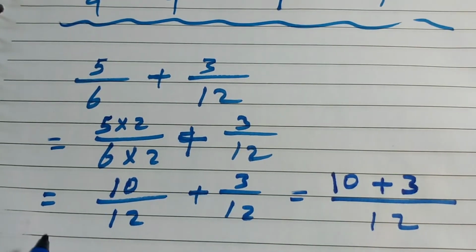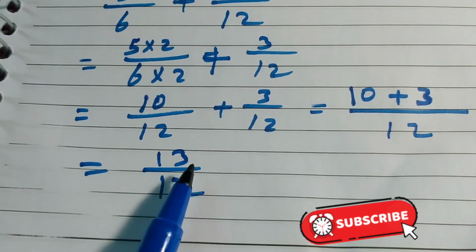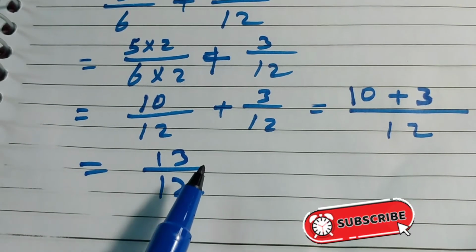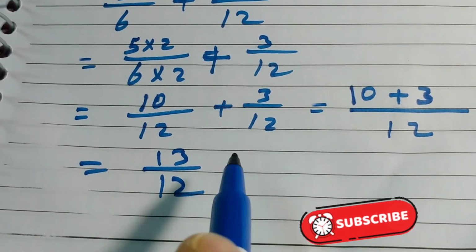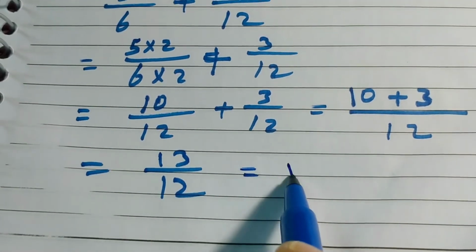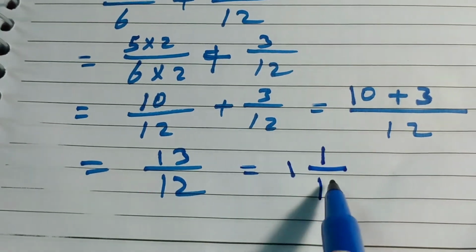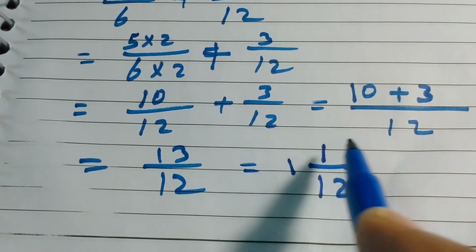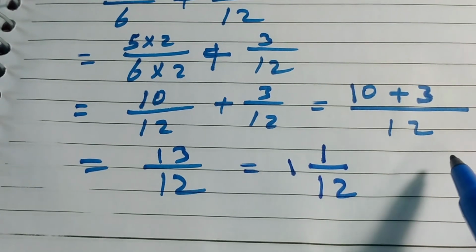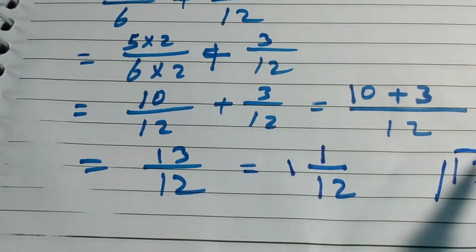10 plus 3 equals 13. The numerator is bigger, so the fraction will be a mixed number. You can write it with whole numbers. So it will be 1 whole and 1 over 12. How do we do this? You can divide by using long division. 13 divided by 12.